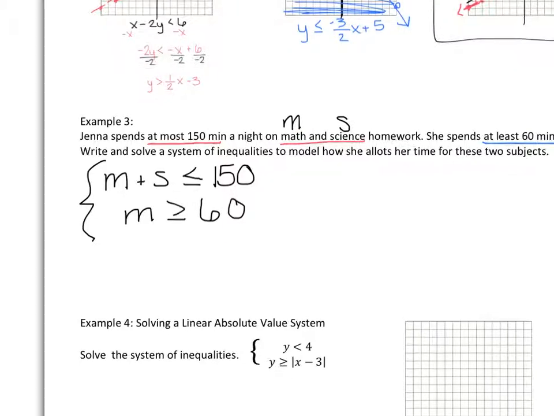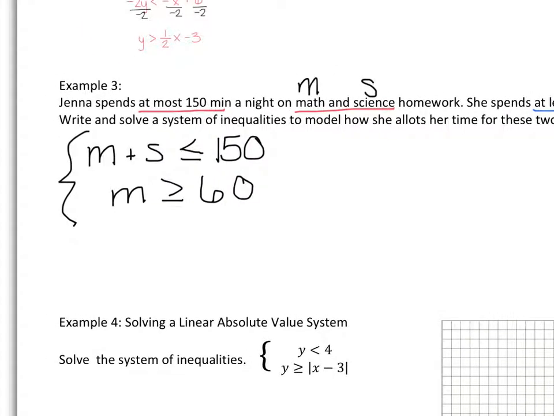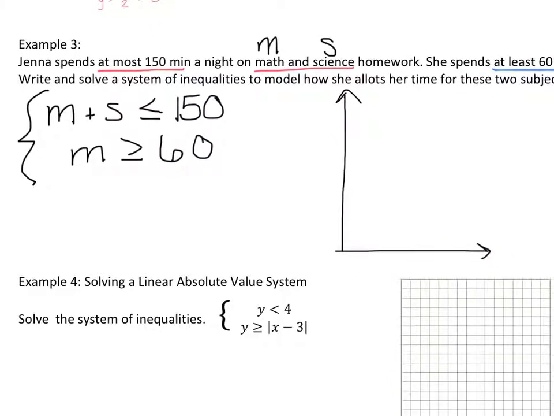So let's see. Let's draw time. It's only positive. So only need the first quadrant. Let's make math on the x-axis, and we'll make science on the y-axis, vertical axis. And are both of these ready to graph? No, the first one has two variables on one side.